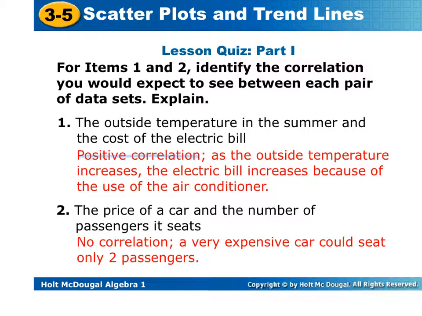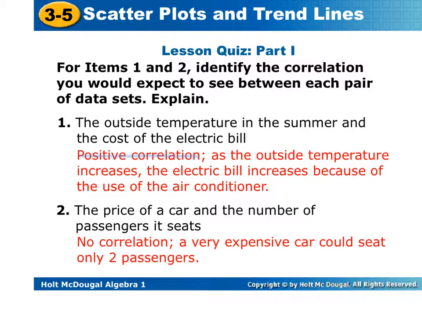Here, the price of a car and the number of passengers it seats. So, for example, if you have a two-seater car, is it more expensive than, say, a minivan? Okay, it could or it could not. The Lamborghini is a two-seater. Exactly. Or you could get like a little Prius, which probably seats more than two, but the back seat's probably kind of tiny.